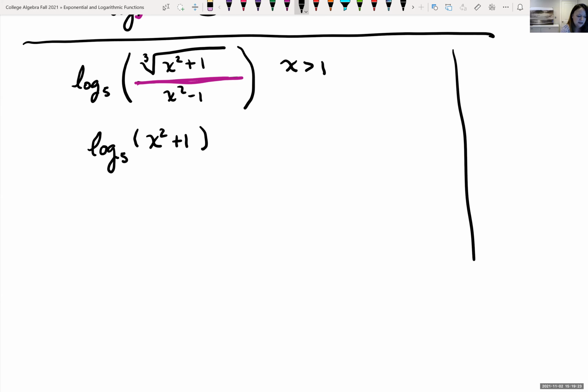Recall, if you have b raised to the m divided by n power, this is the same thing as the nth root of b raised to the m. Here, the index of my radical is 3, so I'm going to take x squared plus 1 and raise this to the 1/3 power. And then we have minus the log of x squared minus 1.